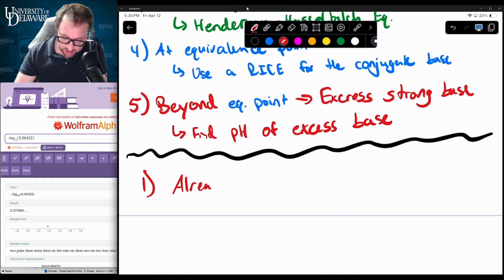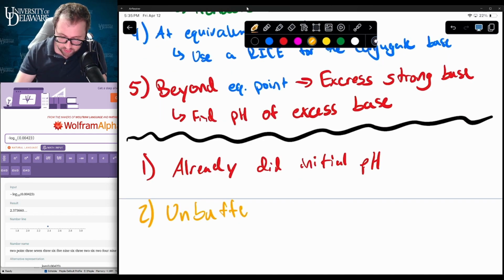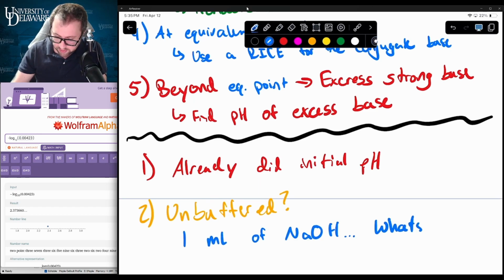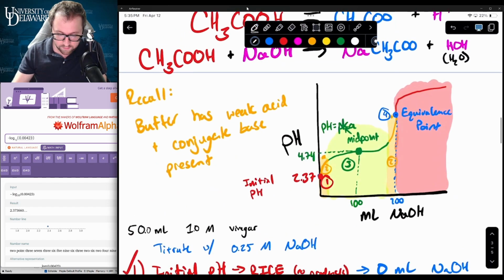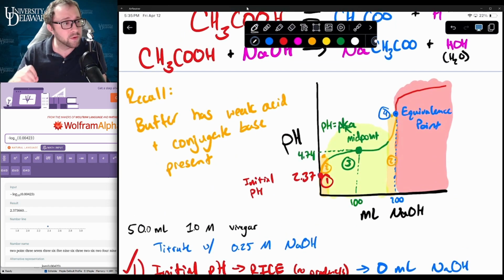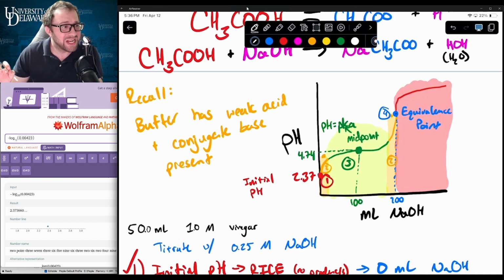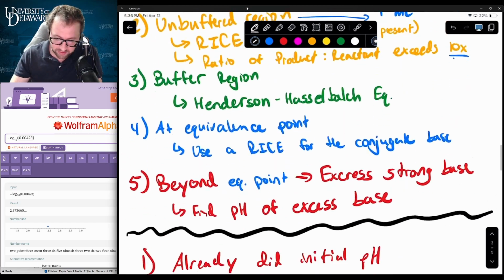So we already did initial pH. How do we determine if something's unbuffered? Well, let's say we add 1 milliliter of NaOH. What's the ratio of HA, in that case acetic acid, to A- or acetate? For titrations, it's really helpful to think, instead of concentration, initially at least, think in what is our moles and what is our volume.